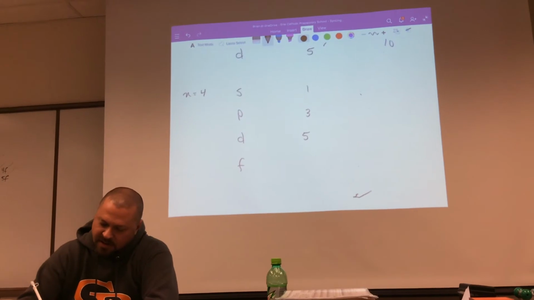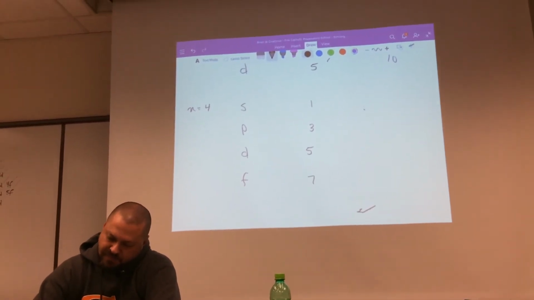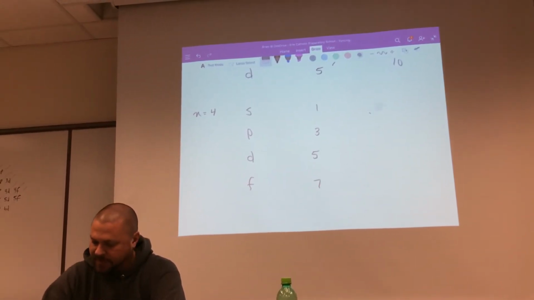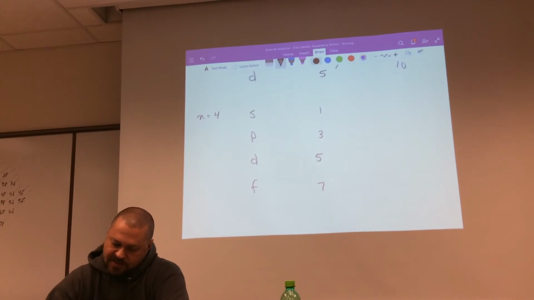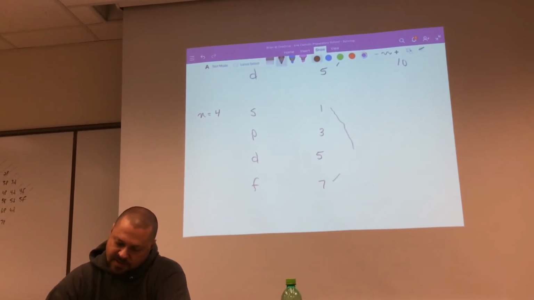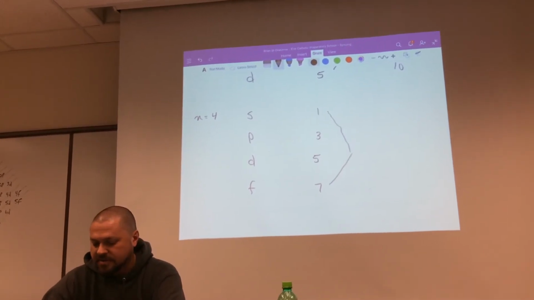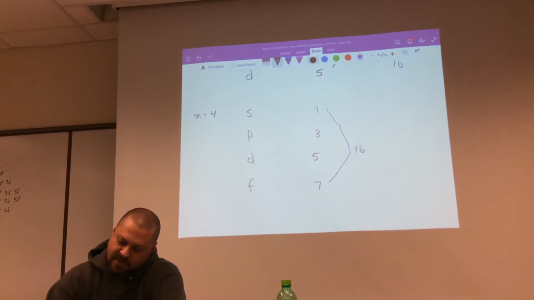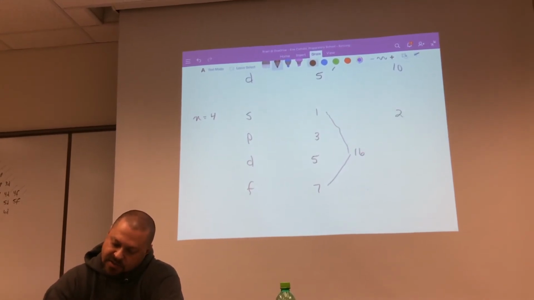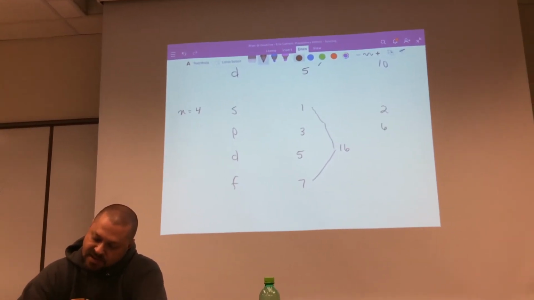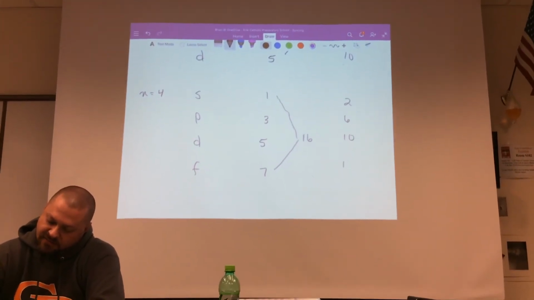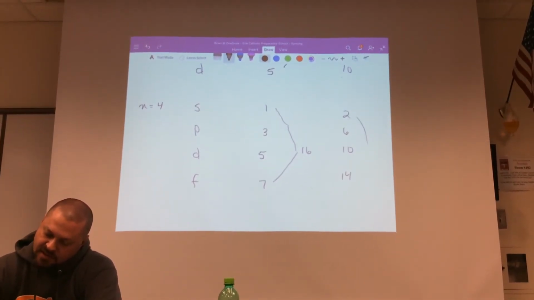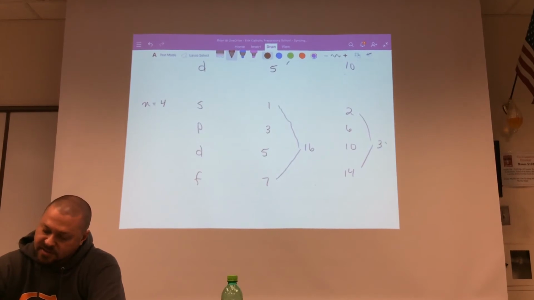See the pattern here? Okay, and so that adds up to a total of 16 orbitals. And so that'd be 2 and 6 and 10 and 14. That's 32.